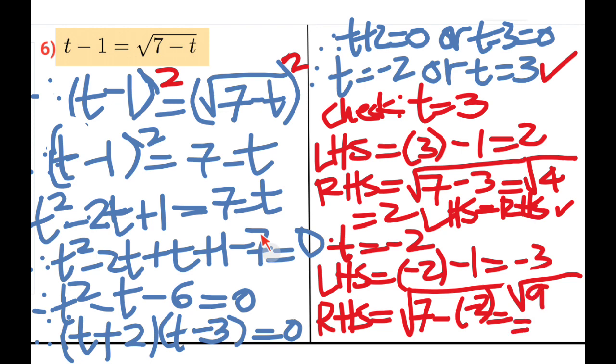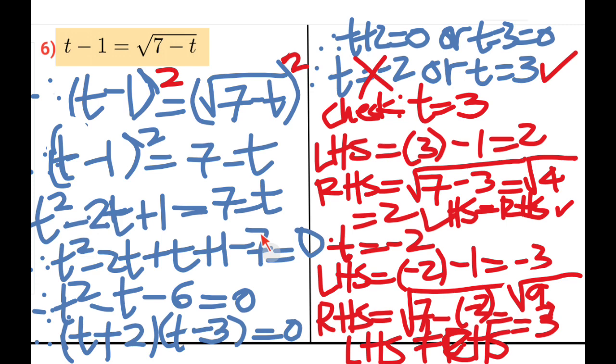And that is equal to positive 3. And that is not equal to the left hand side. The left hand side in this case is not equal to the right hand side. Therefore, t equals negative 2 is not a solution.